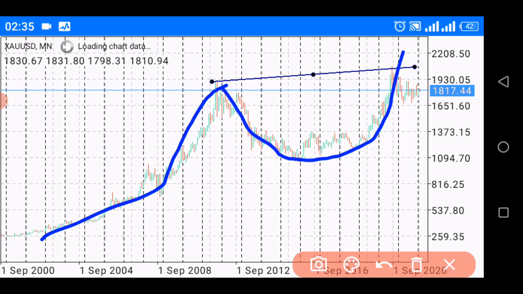This pattern is something you may have heard about, a cup. But this is a pattern that we don't usually see in a currency pair. You can see it's one in a decade. But in stocks, if you are trading stocks, we usually see this pattern, a cup.